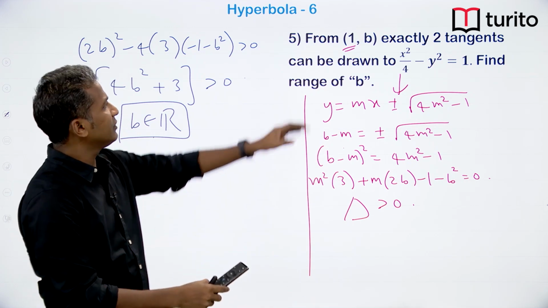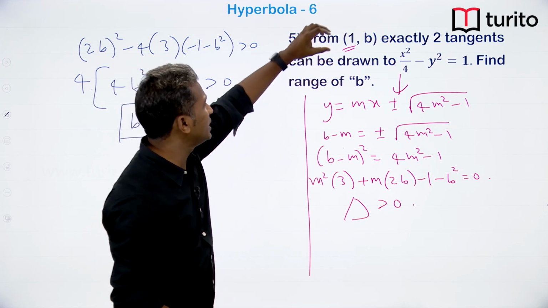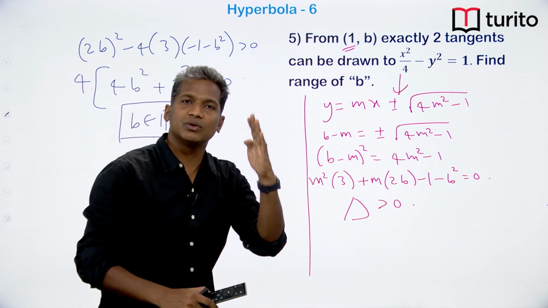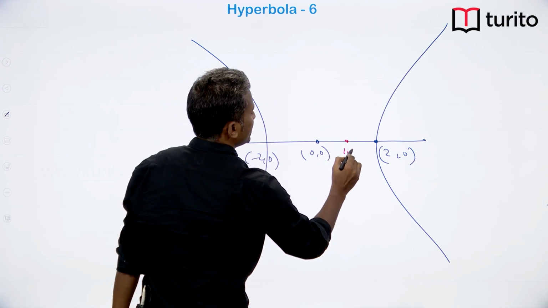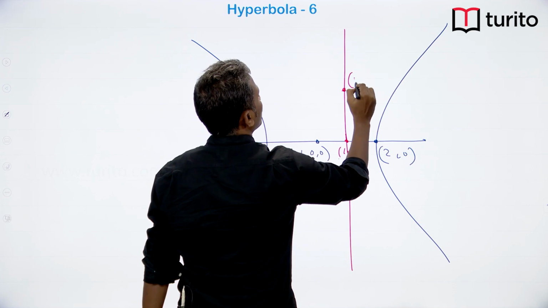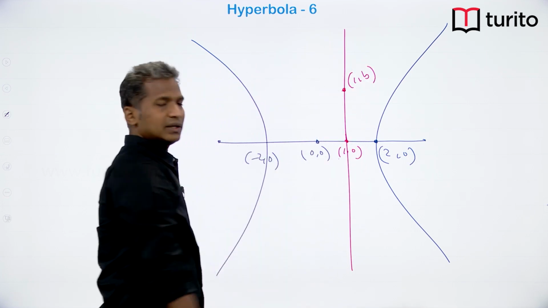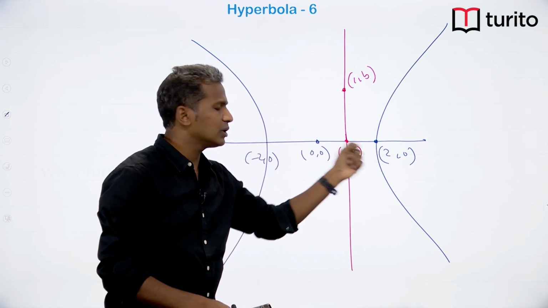So we can write x equal to 1 as the equation of this variable point. It is going to be a straight line. Through (1, 0), if I draw one vertical line, my point (1, b) is on this line.